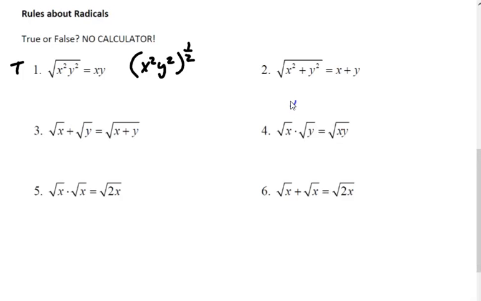So this multiplies and this multiplies. So I have x squared to the 1/2 power, or x to the 2 times 1/2, times y to the 2 times 1/2, which is x to the first, y to the first. So xy.